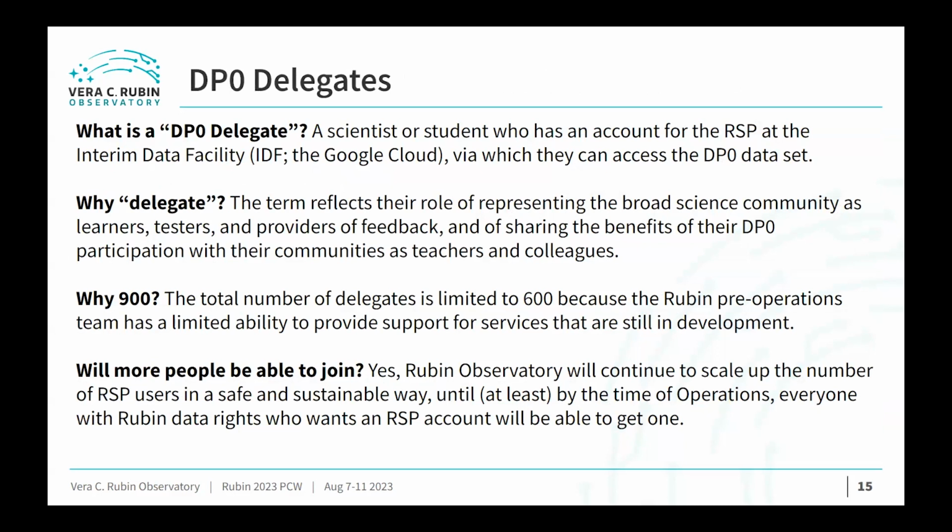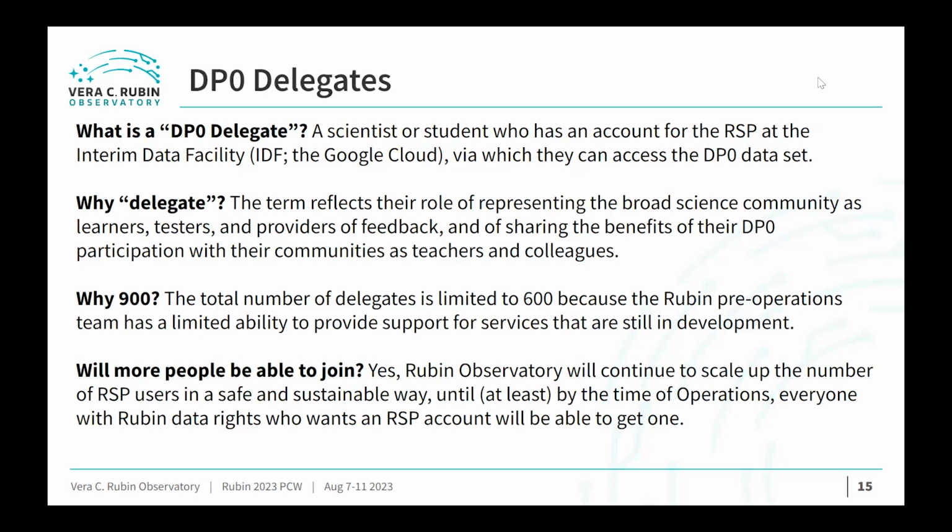You're a Data Preview 0 delegate. It just means that you have an account in the RSP, but we're using this special term because it reflects the special role that you have now in the Data Preview 0 stage, representing the broader science community as our initial learners and testers and providers of feedback.